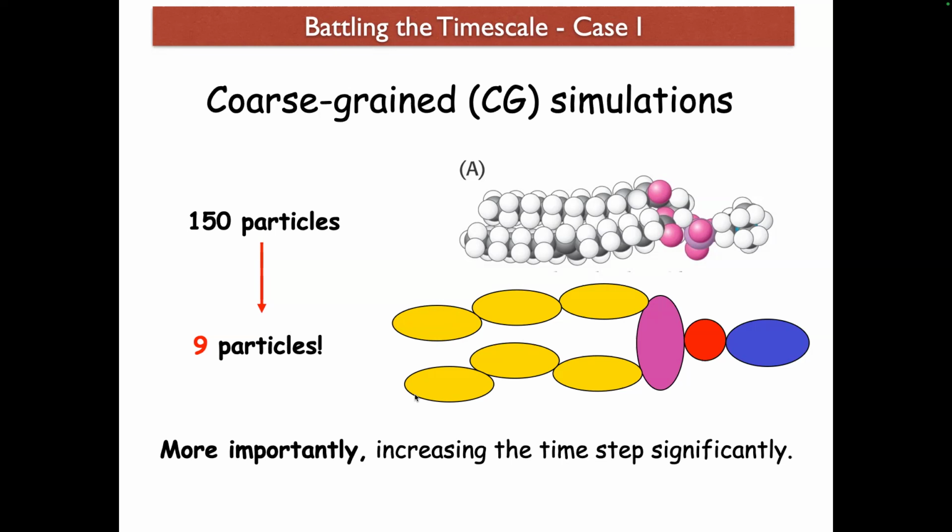But by just doing that, you can decrease by one order of magnitude or more the number of particles that you have to calculate forces for. And more importantly, because the motion of these things is not going to be as fast wiggling of those small things, now you're not limited by that 1 femtosecond. I forgot to mention that you take that 1 femtosecond time step because otherwise your simulation becomes unstable.